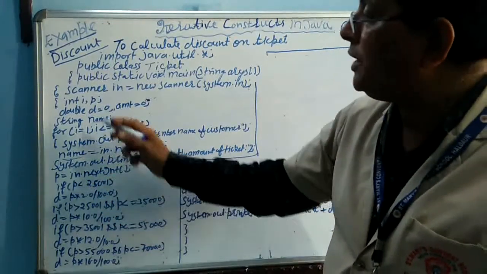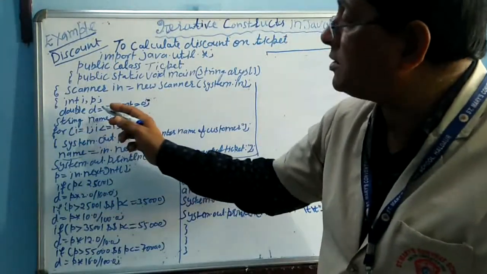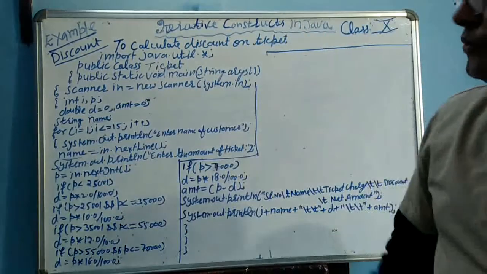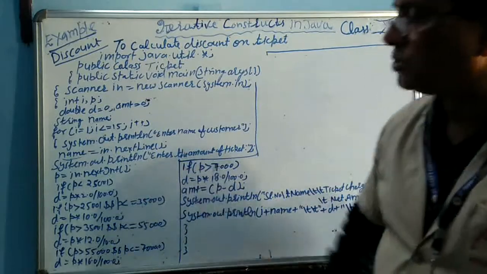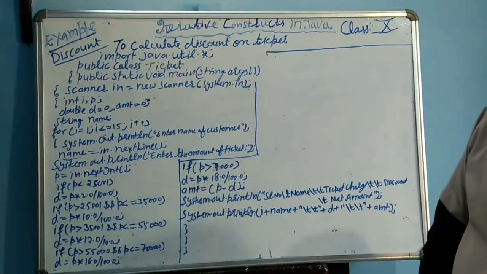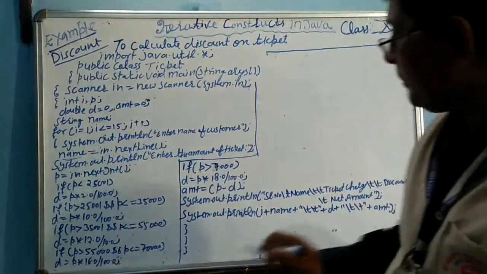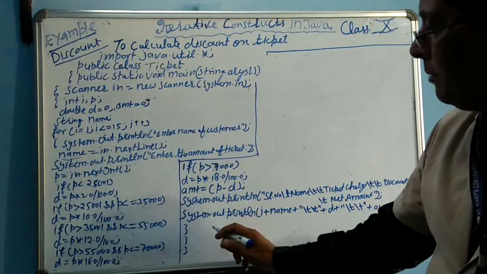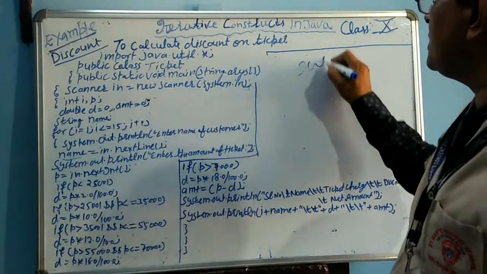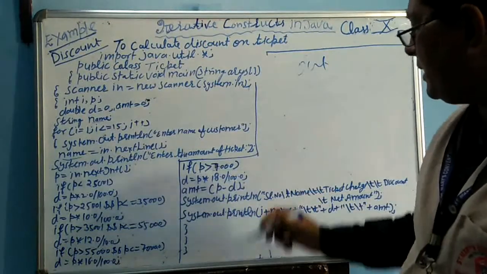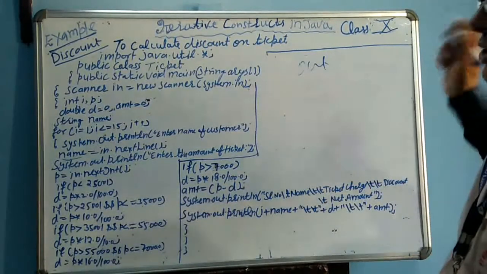Because we have already defined the discount as double, so we have to use decimals. So 2% discount, and then it will print the serial number, customer name and discount like this in the output.